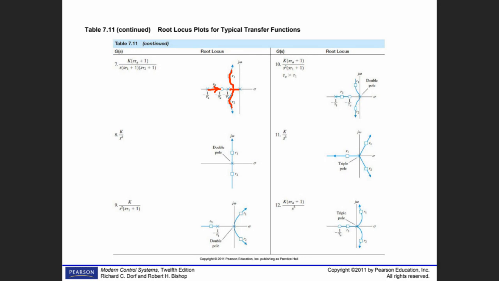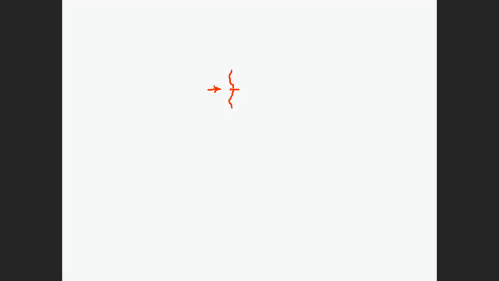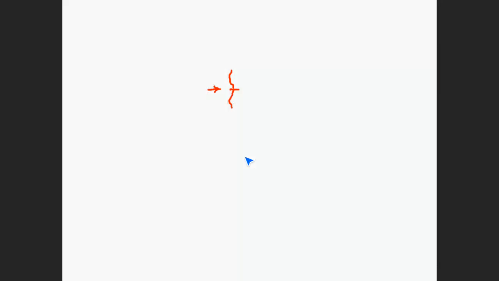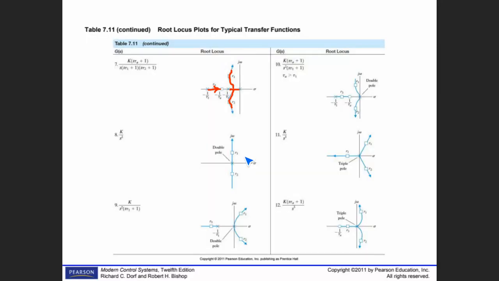That one is always stable as well. The effect of a zero is such that it always takes the curves into the stable part. That one, can you predict the waveform of this one? Can you predict the waveform of this one? K over S square.